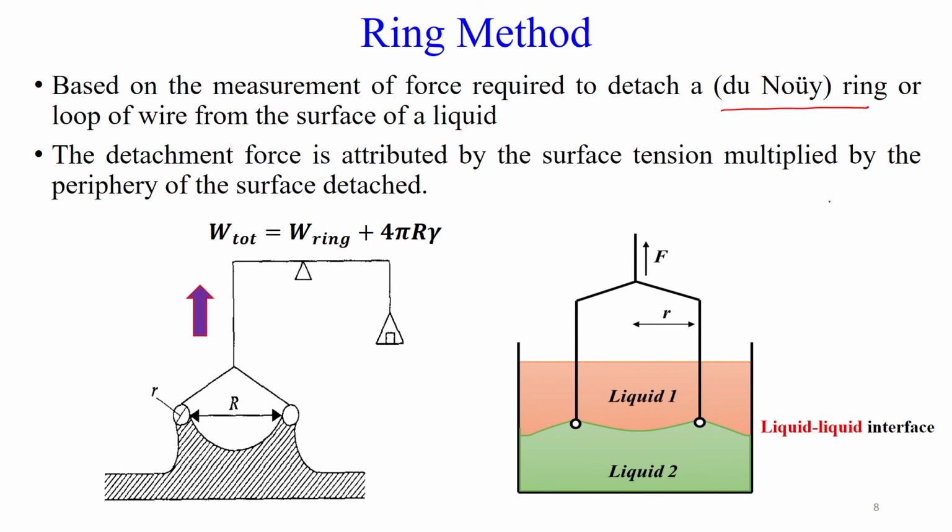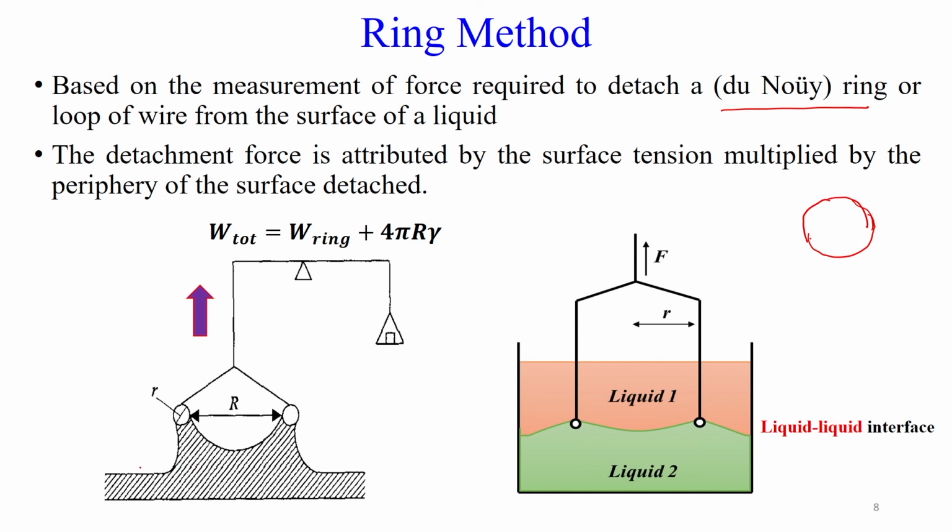So, this is typically a ring like this, and then we are going to pull this ring, and if you pull this ring from the interface, there will be some sort of resistance offered by that liquid, and that resistance force will be equal to the surface tension.